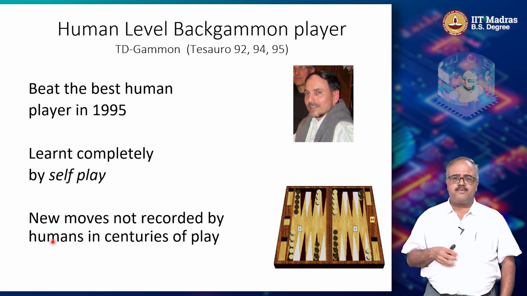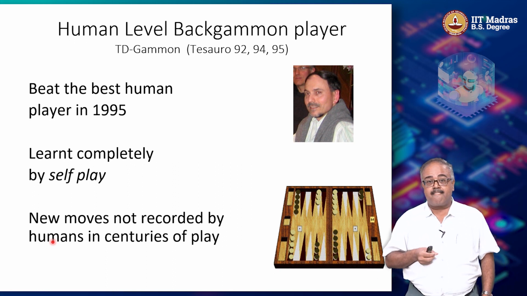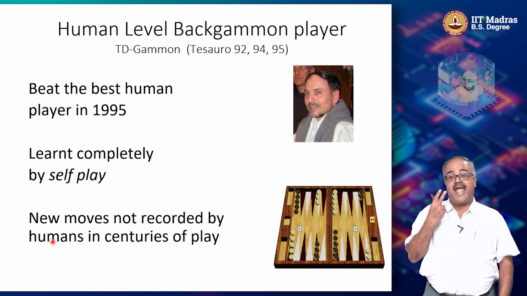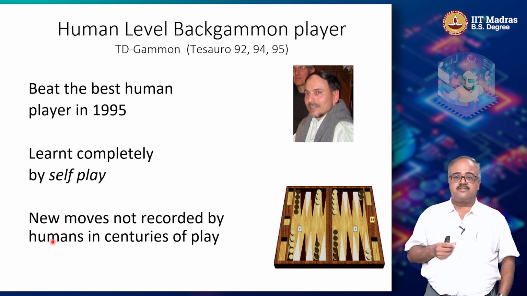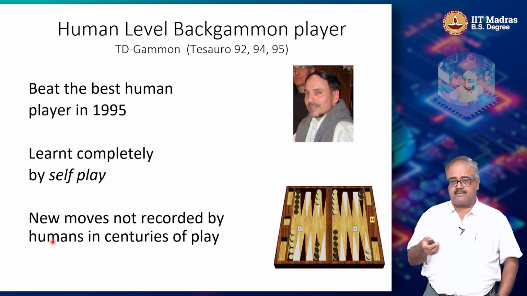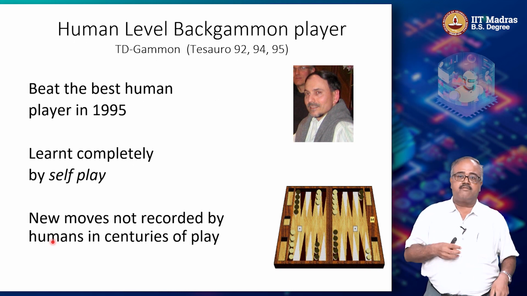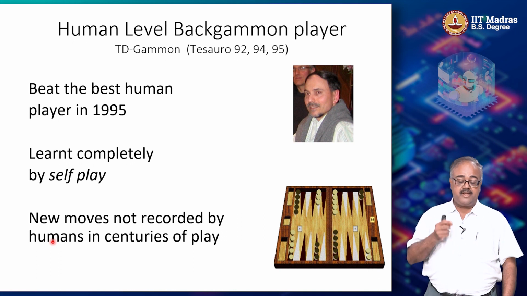You can cut your opponent's piece and send them back to their base, and the first person to get all 4 pieces off the board wins. Backgammon is like Ludo, except that it's a 2-player game, and you have a lot more than 4 pieces. You have 15 pieces per side, so you have to be a little bit more strategic in making sure that you get all your 15 pieces off the board before your opponent gets them off the board.